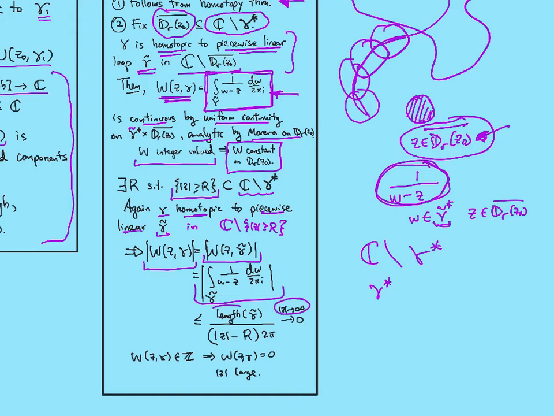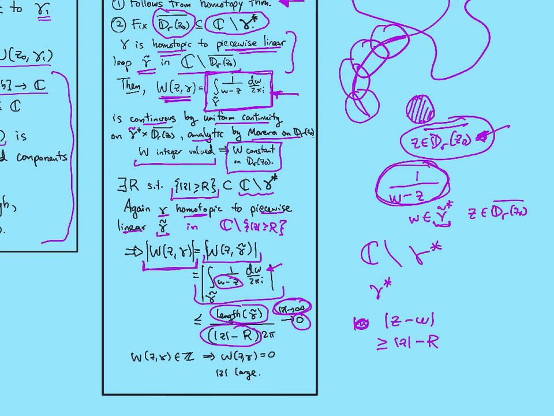Basically, I just have to bound it by the length of gamma tilde inside the integral. And then this part here, I guess I would write it as the absolute value of z minus w is greater than or equal to, since points on the curve are bounded by r, then I can bound this below by the absolute value of z minus r, so I get this bound here, and now as I send z to infinity, I get 0 here.